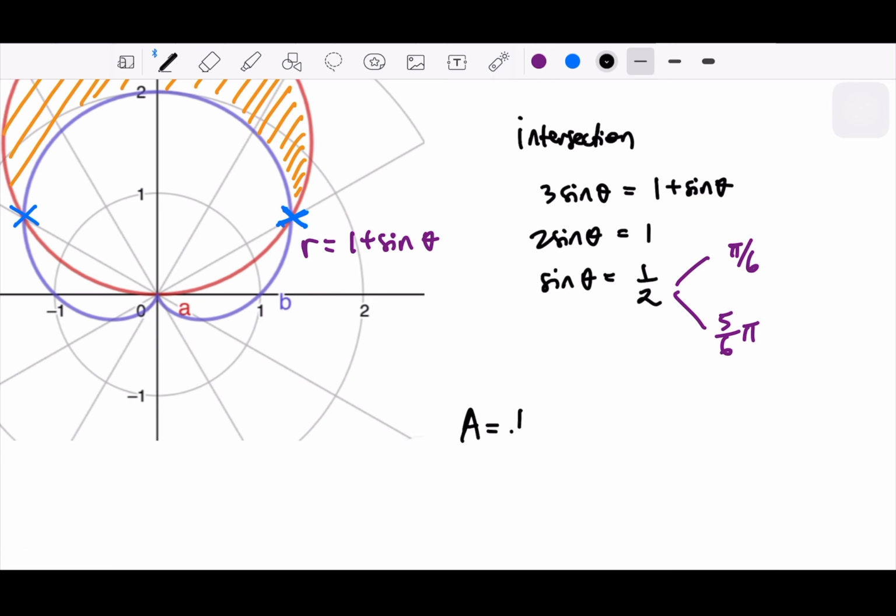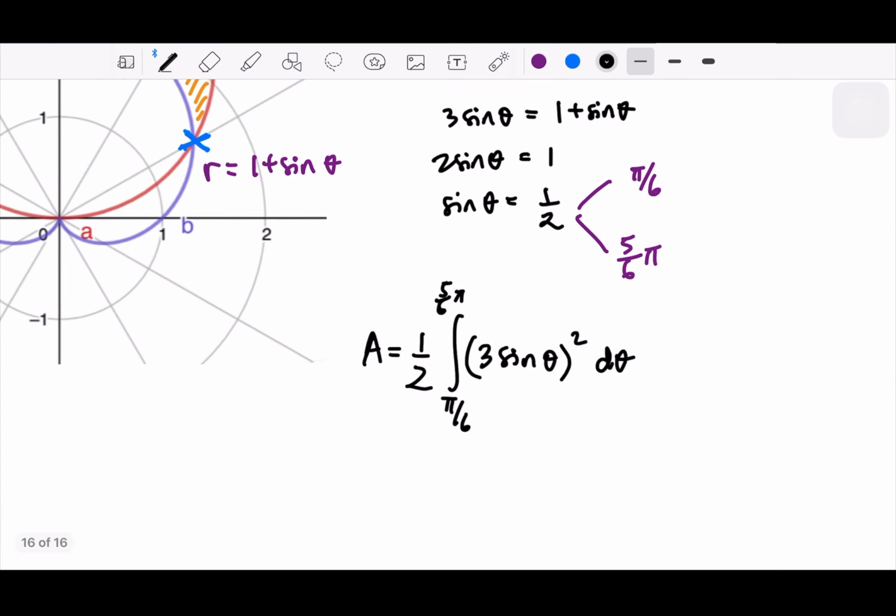For the circle, this will be the formula, half integral of 3 sine theta squared d theta, right? So this is the circle.